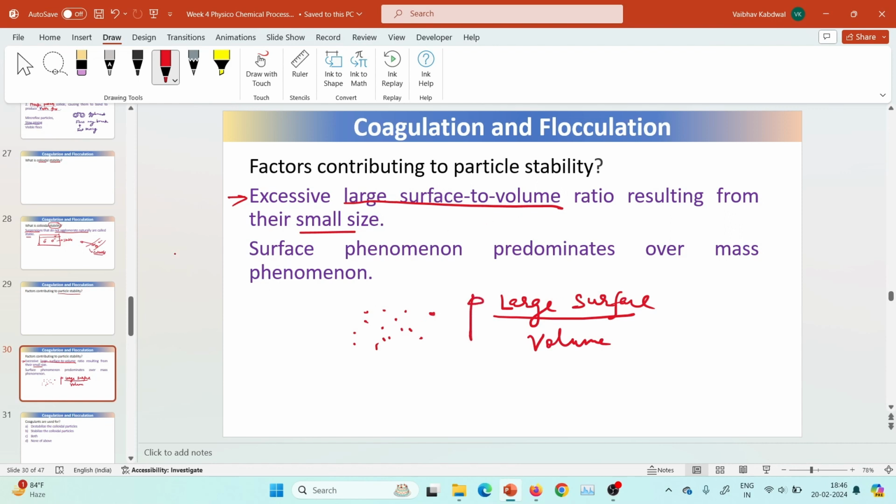Because of their small size, surface phenomena predominate over mass phenomena. Their mass is less, but their surface area is more. Both statements are conveying the same message.